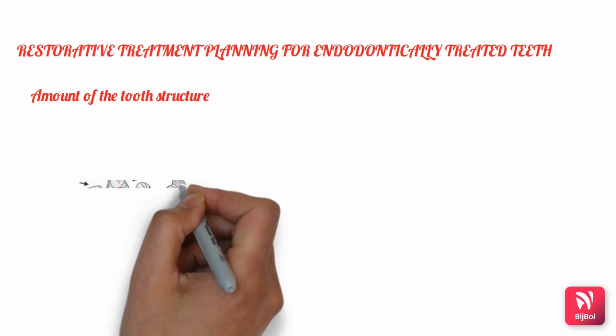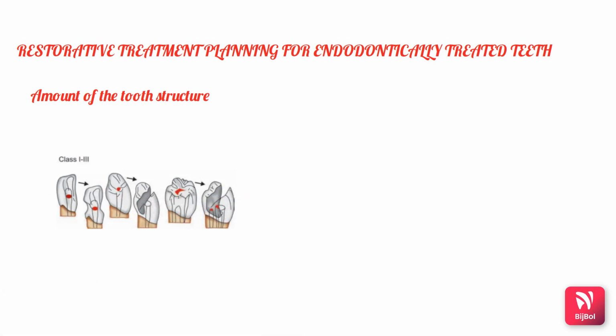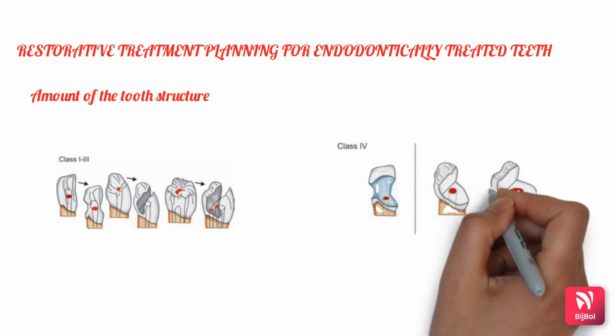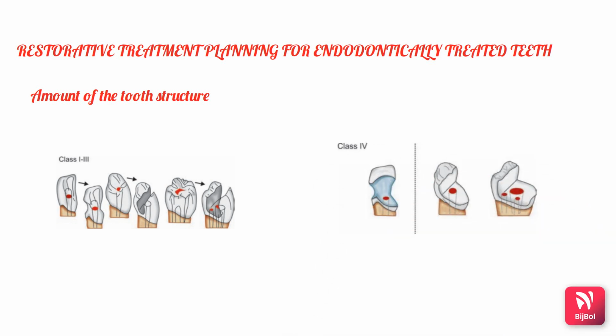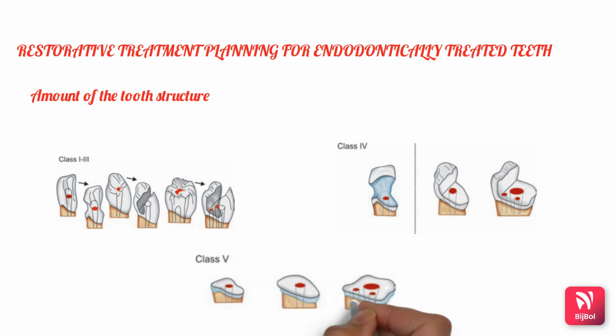Here class 1 shows the 4 remaining walls around the access cavity, and class 2 and 3 show 2 or 3 remaining walls around the access cavity. In these cases, the crown is indicated. In class 4, with 1 remaining wall around the access cavity, the post is indicated. And in class 5, with no remaining walls around the access cavity, the placement of the post is mandatory.